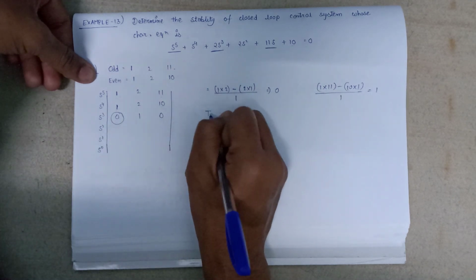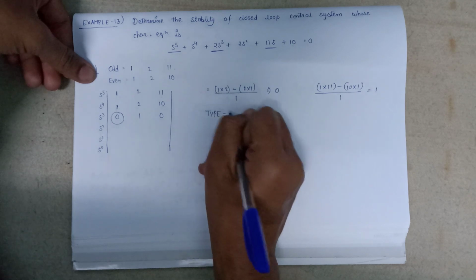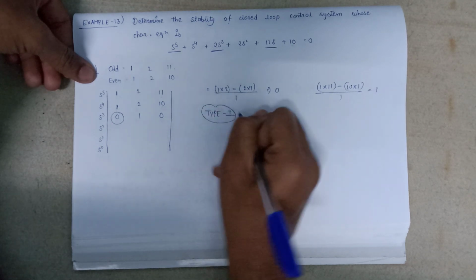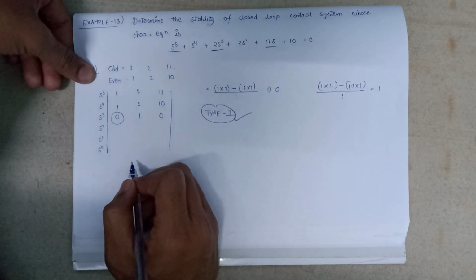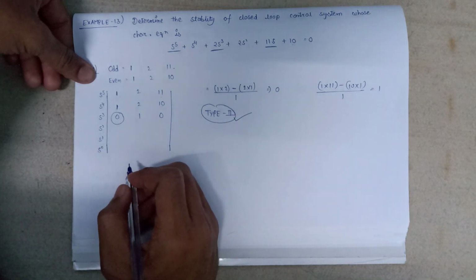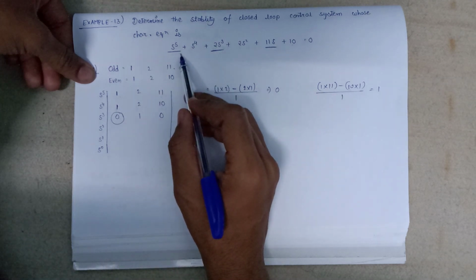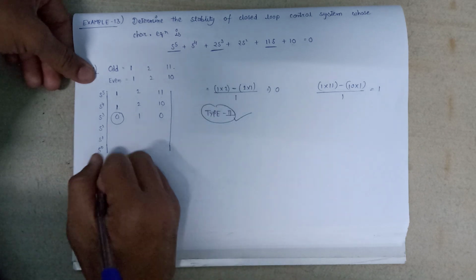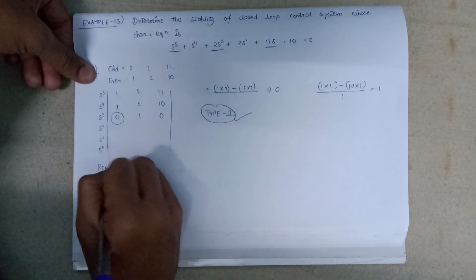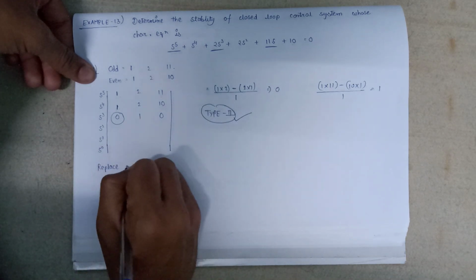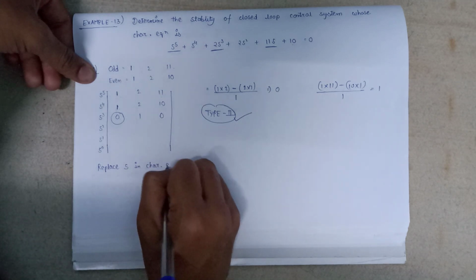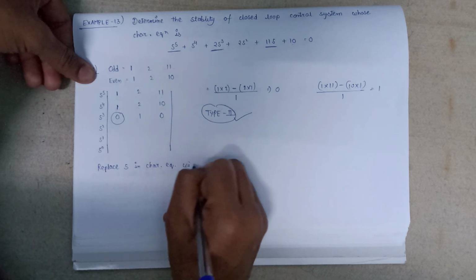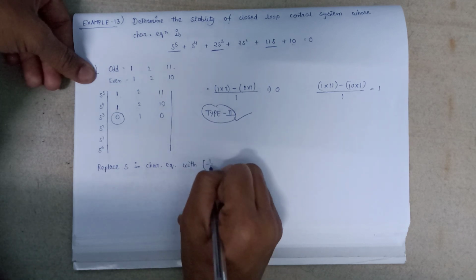So this is a type 2 variety of question. What we do in the type 2 variety of question is simply replace s in the characteristic equation with 1 over z.